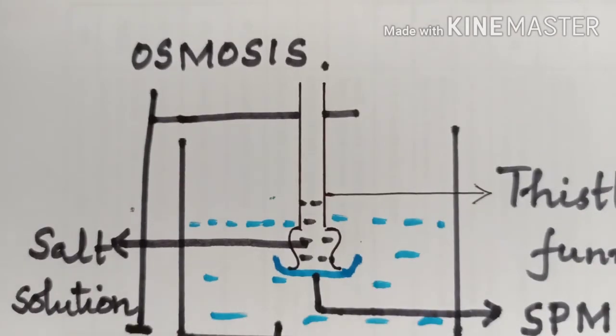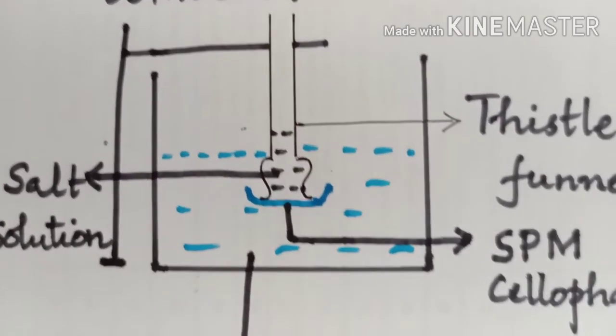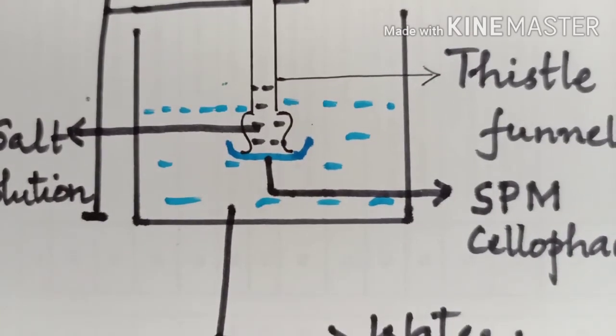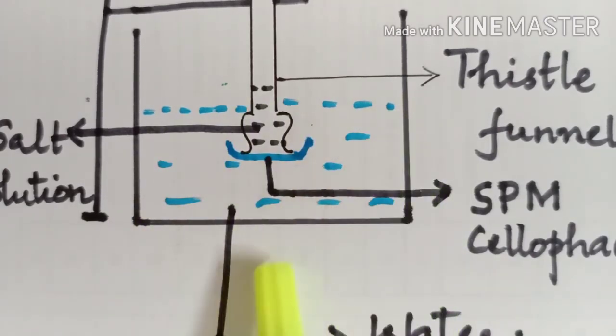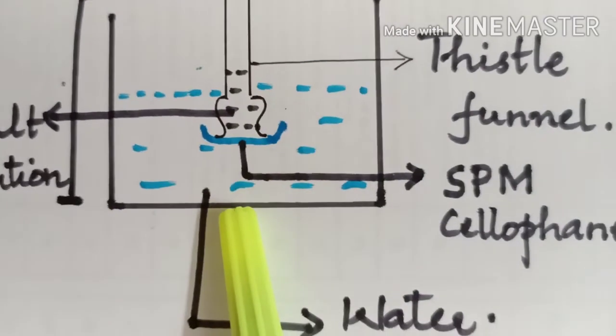Osmosis is a movement of solvent molecules from a region of higher concentration to a region of lower concentration. Which are the solvent molecules here? The water present outside the tissue funnel forms the solvent molecules.